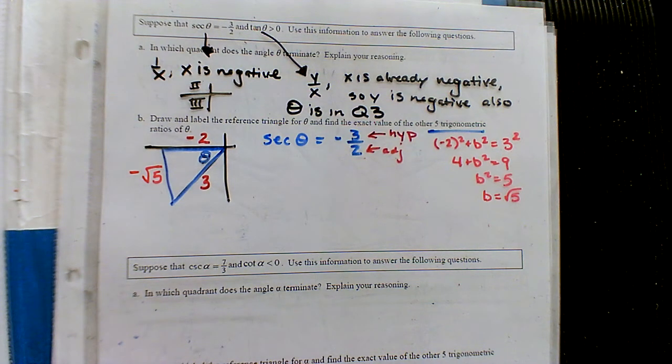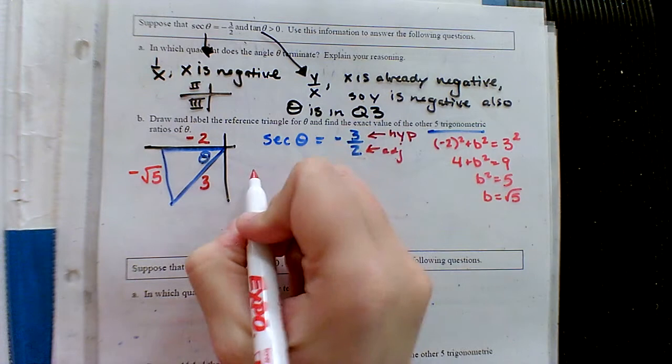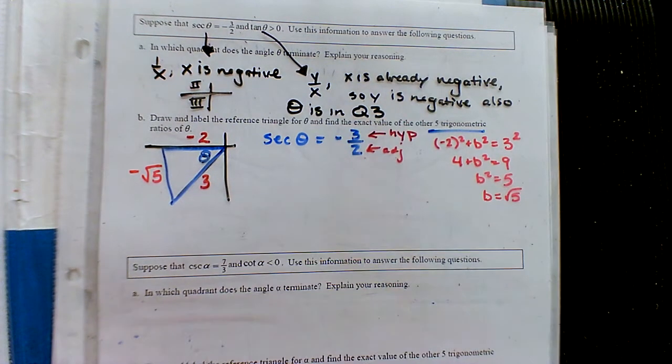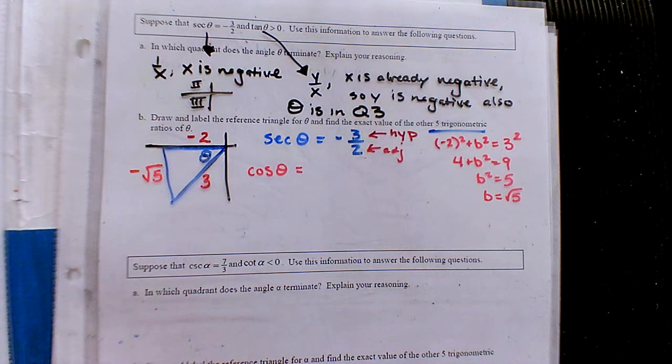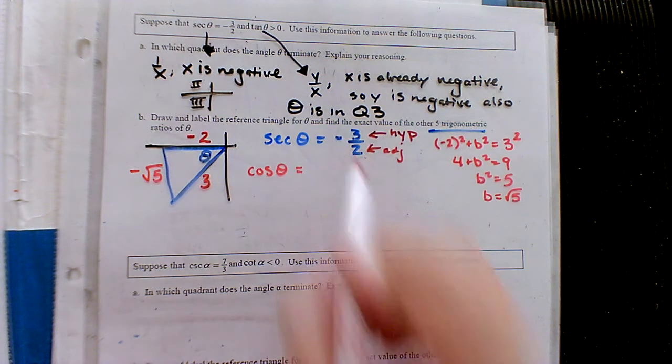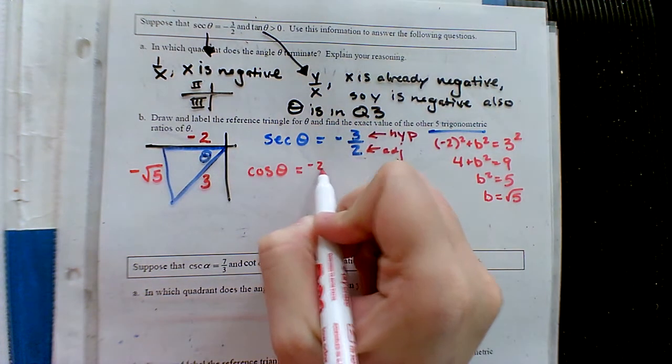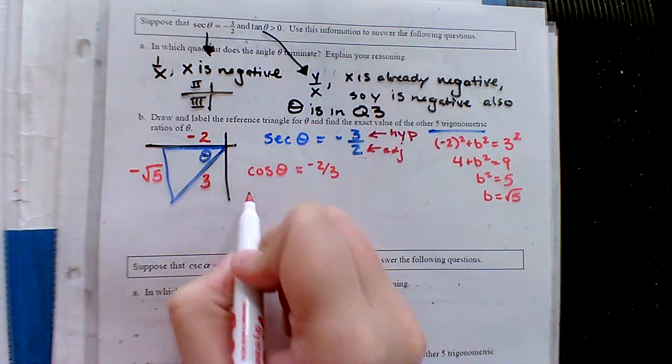So now that we have all 3 sides labeled, let's go ahead and figure out the other trig relationships. We already have secant. Maybe we'll try cosine because that would just be the reciprocal of secant. So if we flipped that fraction, we would have negative 2 over 3.